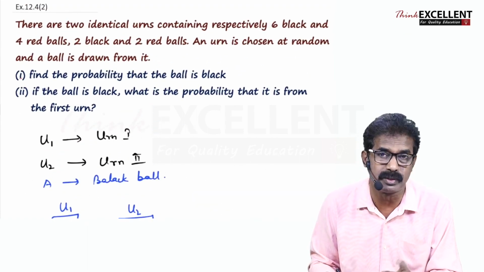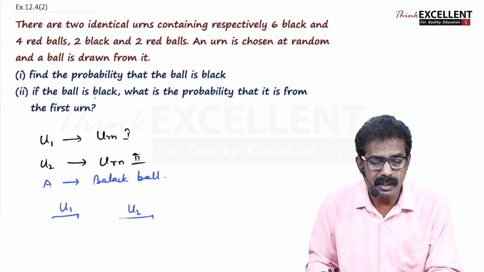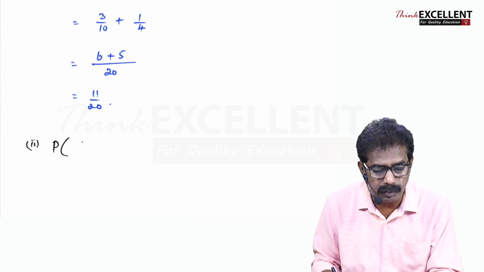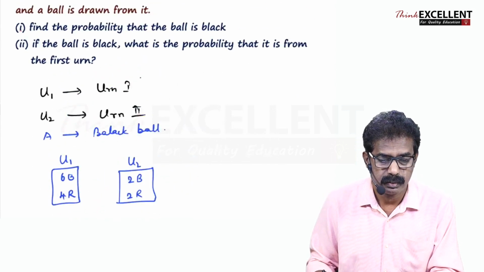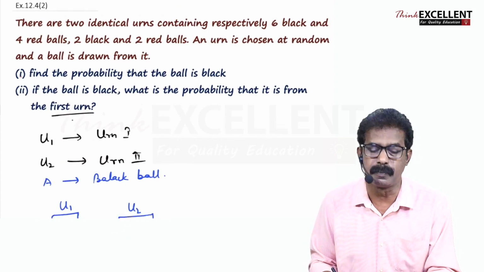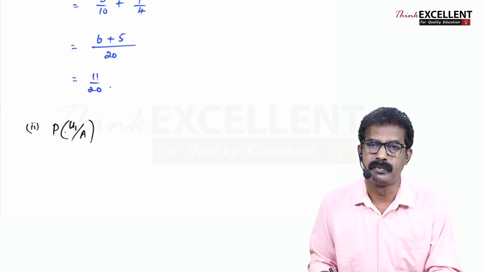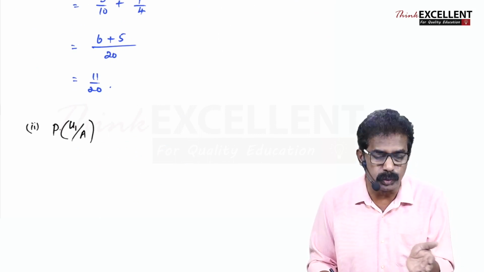There is one more subdivision. It's a 5-mark question. Listen. In the second subdivision, the ball is black, it is a condition. The ball is black, so a black ball is given, that is A. If the ball is black, what is the probability that it is from the first urn? If they ask what is the probability it is from the first urn, you write U1. If they ask what's the probability it is from the second urn, in the numerator you write U2.